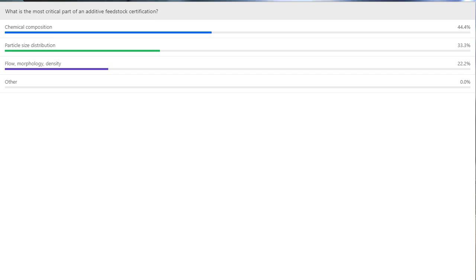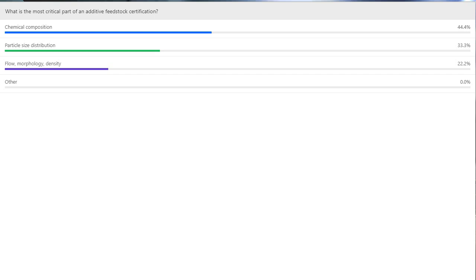Well, that's the kind of result I was expecting, because obviously if you don't have the right chemical composition, you won't have the right part. And if you have a size distribution that is completely different from what you used in the past, it can have an impact on your process.